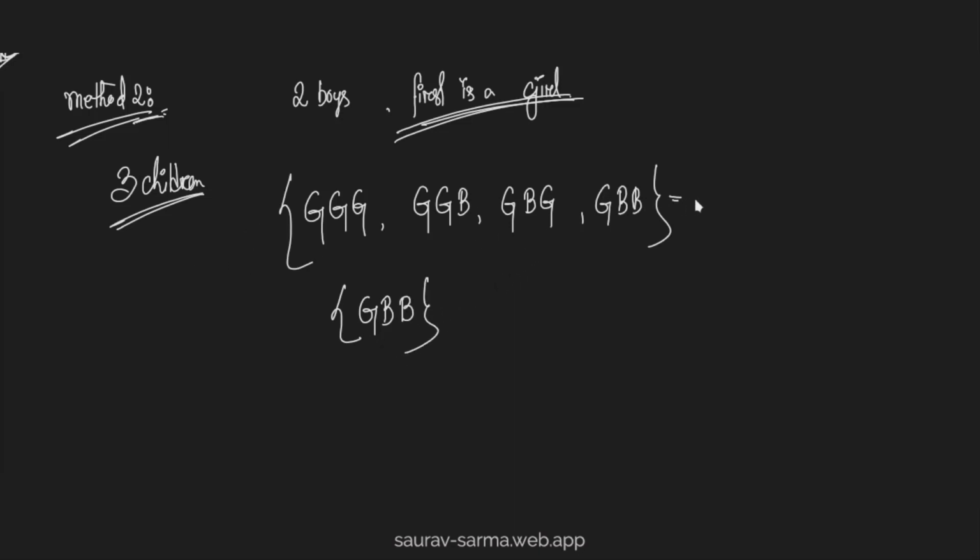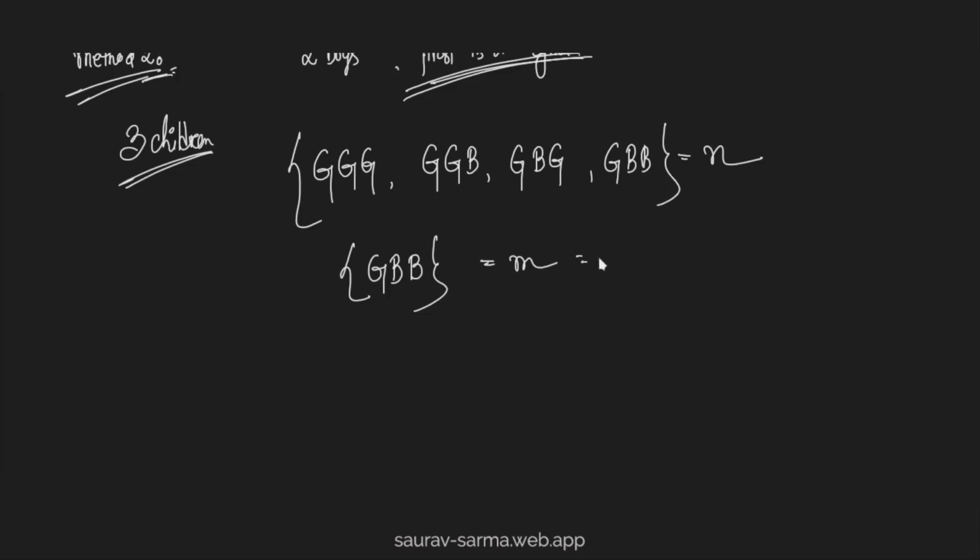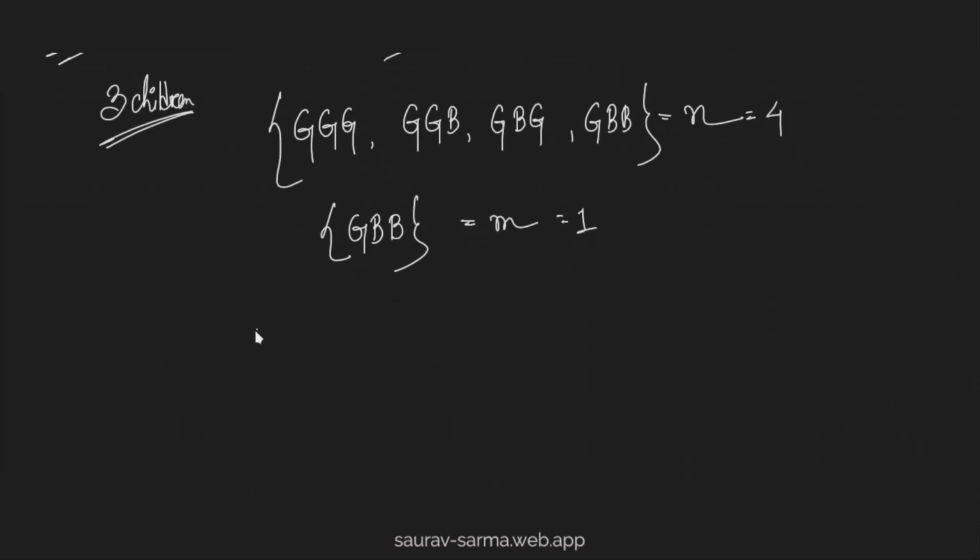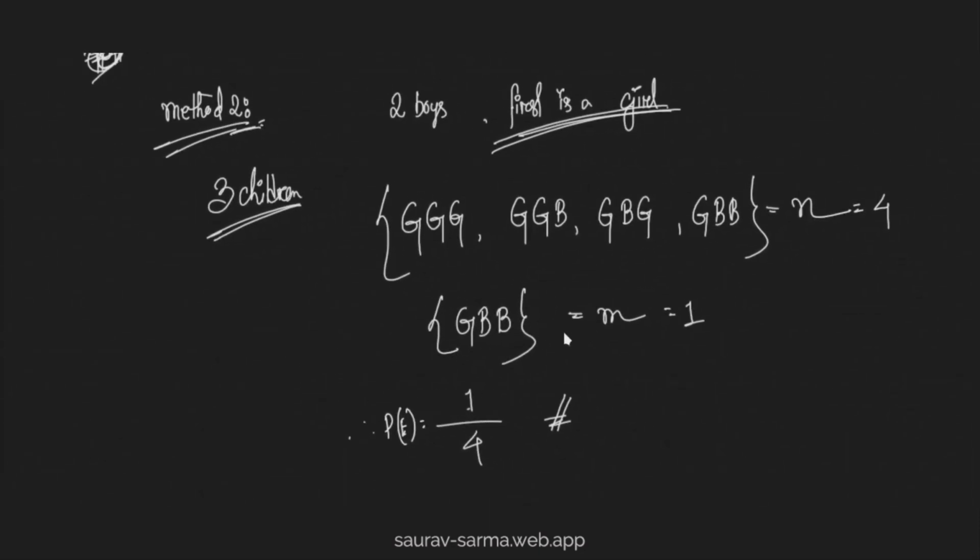So this is your n, total number of cases. This is your m, favorable cases. So favorable m equal to 1, total number of cases 4. So therefore probability of E is 1/4. So this one is much easier.